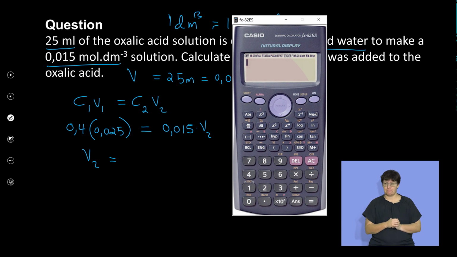We have 0.4 multiplied by 0.025. We divide this by 0.015, which is the new concentration. We're just making V2 the subject. So we'll divide by 0.015. What do we get?